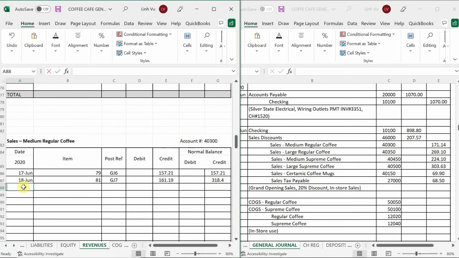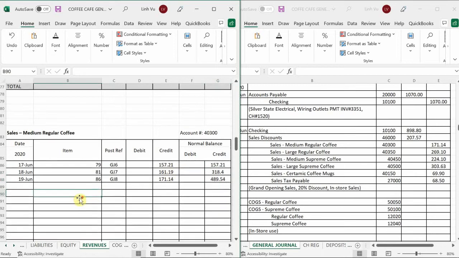And then the sale of the medium regular coffee is 86 cups, and it's journal page 8. And then the total is 171.14, so the credit total is 489.54.